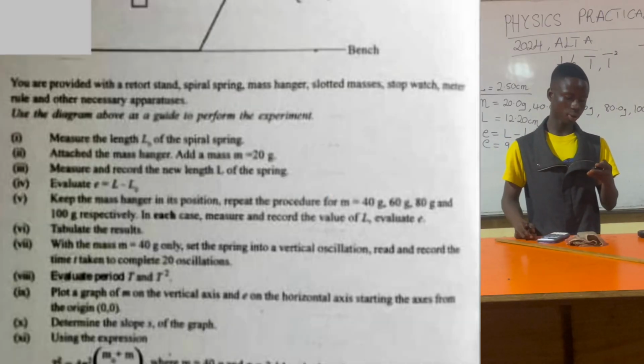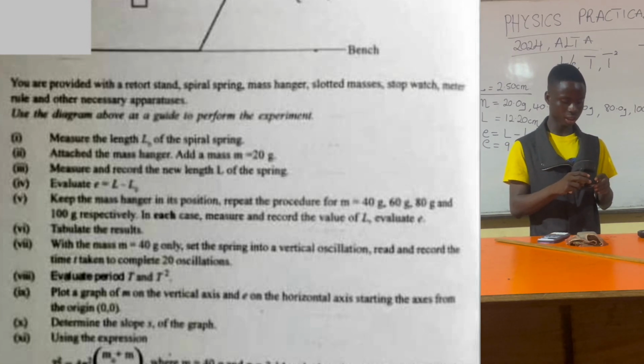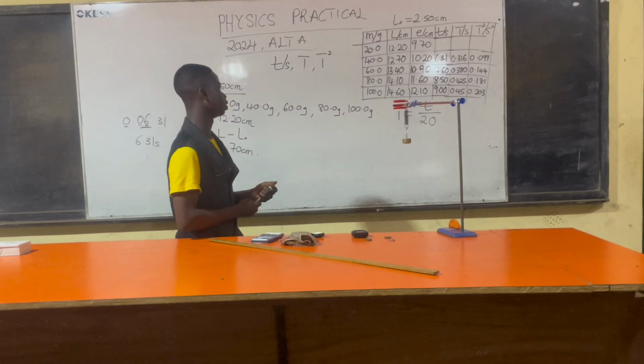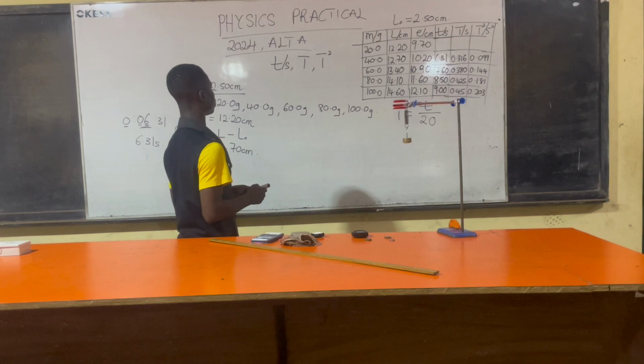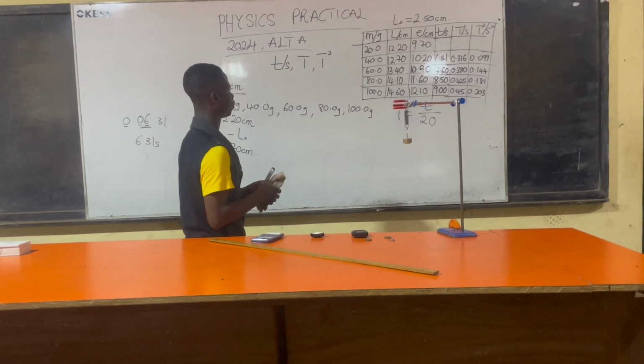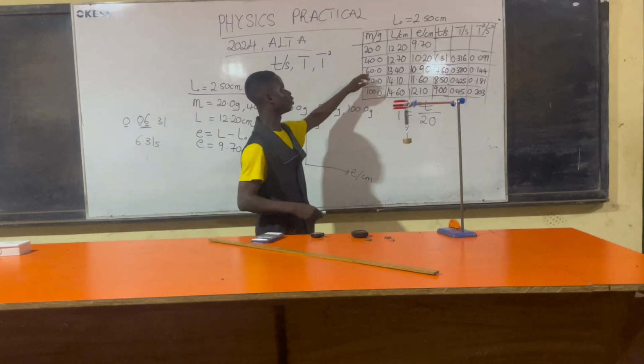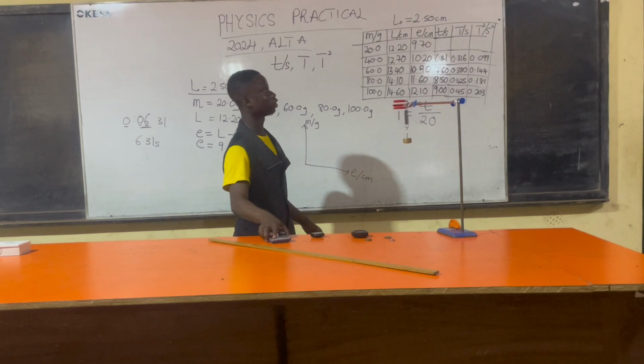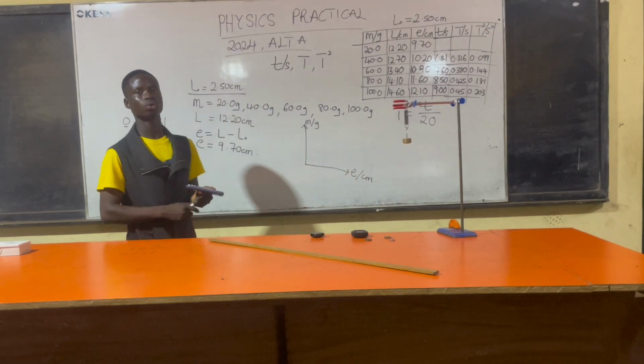So we have to plot a graph of M on the vertical axis and E on the horizontal axis, starting both axes from the origin. For the choosing of the scale, we have two procedures.